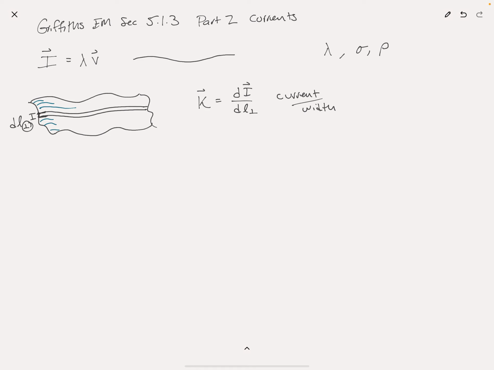And just like how we wrote our magnetic force in some generic form, v cross B dq, this dq can be written as the product of our surface charge density times an area, just like we did in electrostatics. But now the product of those two is the surface current density.